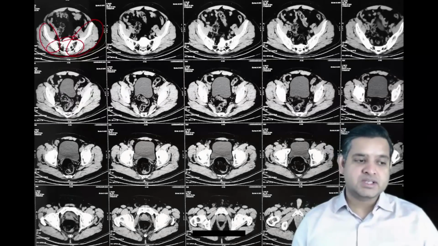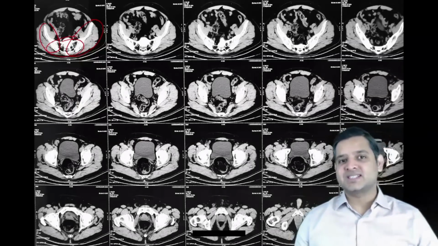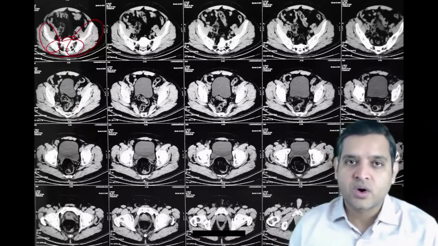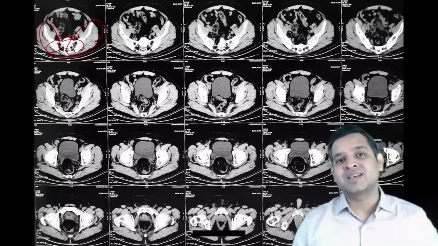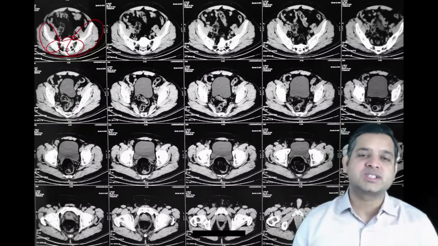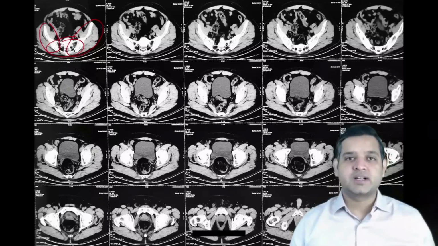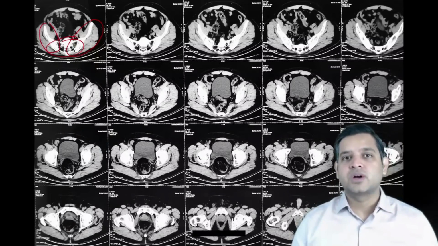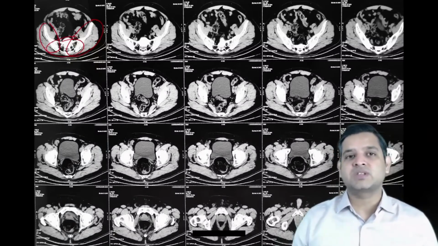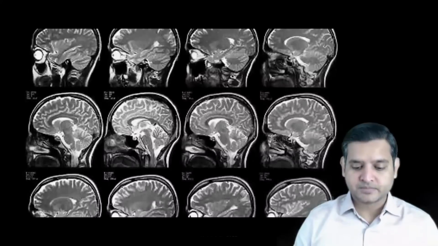So these are images of a CT scan. This is not an MR. On MRI, cortical bone is black, whereas on CT scan, cortical bone is white. So this is a CT scan of the pelvis, taken in a transverse section or in an axial plane.